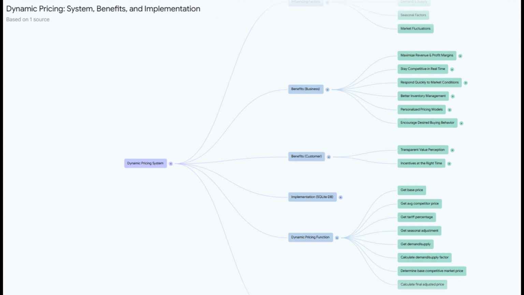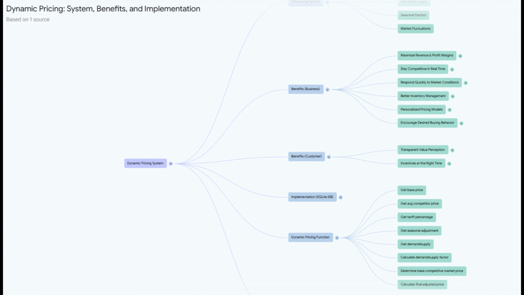Yeah, exactly. And the document you shared also talks about reacting to bigger market forces, right? Yeah, like if there's a problem with the supply chain or if import taxes change. Those things can have a huge impact on prices. And with a dynamic system, you can adapt much quicker. You don't have to manually update every single price in your store. It would be a nightmare to do that all the time.